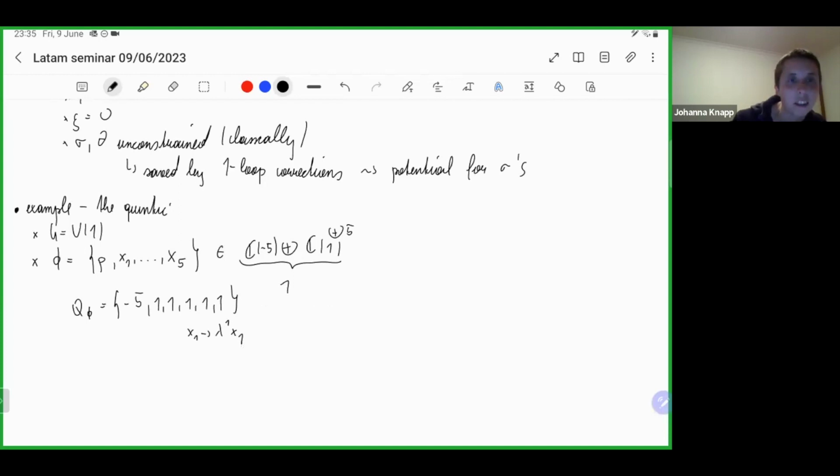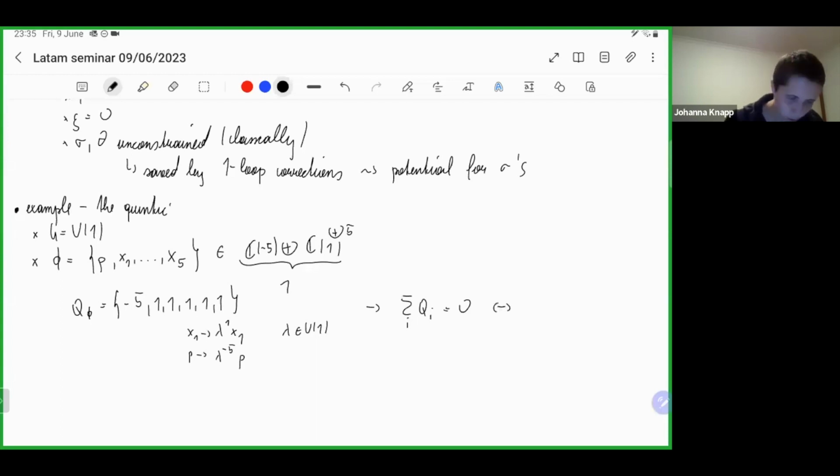Here comes the scaling relation again, where lambda is in U1 or C star, and P goes to lambda to the -5 times P, and so on and so forth. And you observe that the sum over i of all the charges is equal to 0: -5 plus 5 times 1 is equal to 0.